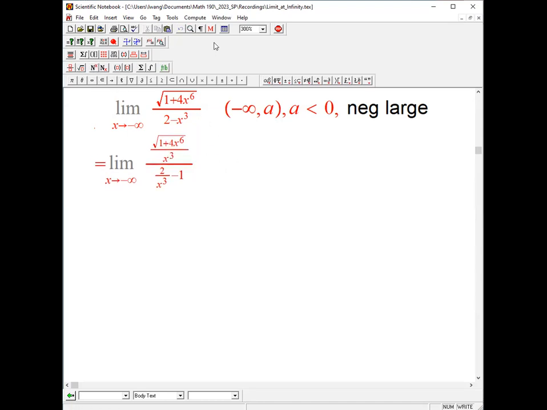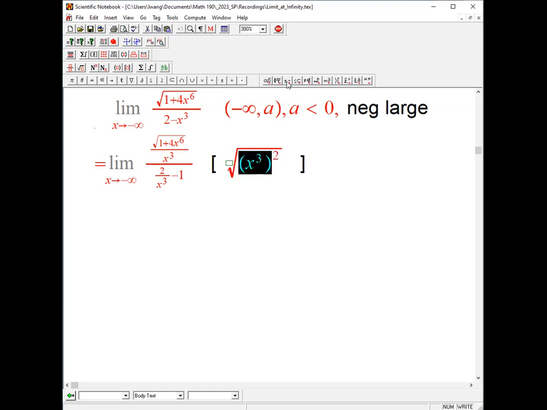Now the question comes: we want to bring this x raised to the power 3 inside the root. And what do we have here? You may like to pause here to work out your solution. What we have here is x raised to the power 3, and then squared.